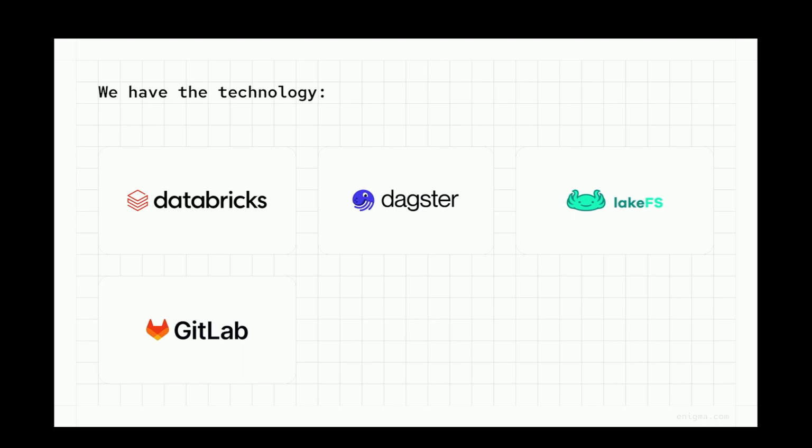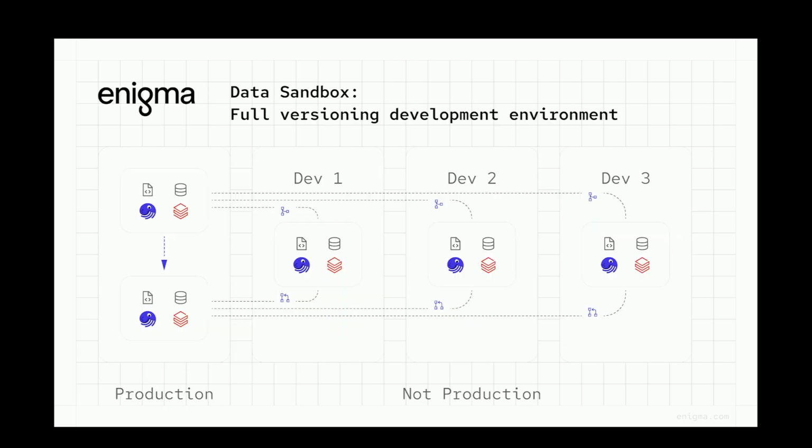So it's really easy to create your own version of the pipeline for each developer, and track that back to a specific MR. And LakeFS, which I think also has a booth here today, is basically the metadata layer that makes it possible to spin up a branch of terabytes of data within a few seconds. And then GitLab, which is the CI and version control tool that we happen to use, but there's nothing really special to that in terms of being able to do this.